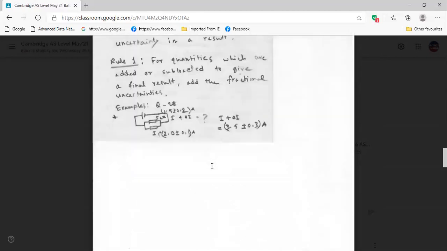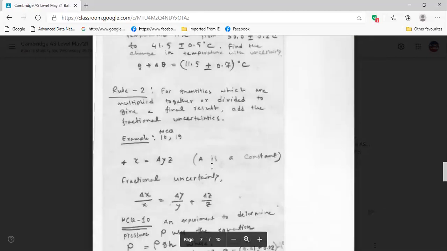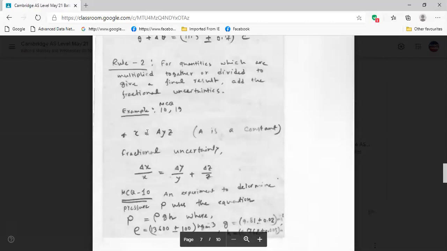Now for x, y, z, if we consider that del x, del y, and del z are the absolute uncertainties in x, y, and z respectively, then our fractional uncertainty in x will be del x by x equals del y by y plus del z by z.